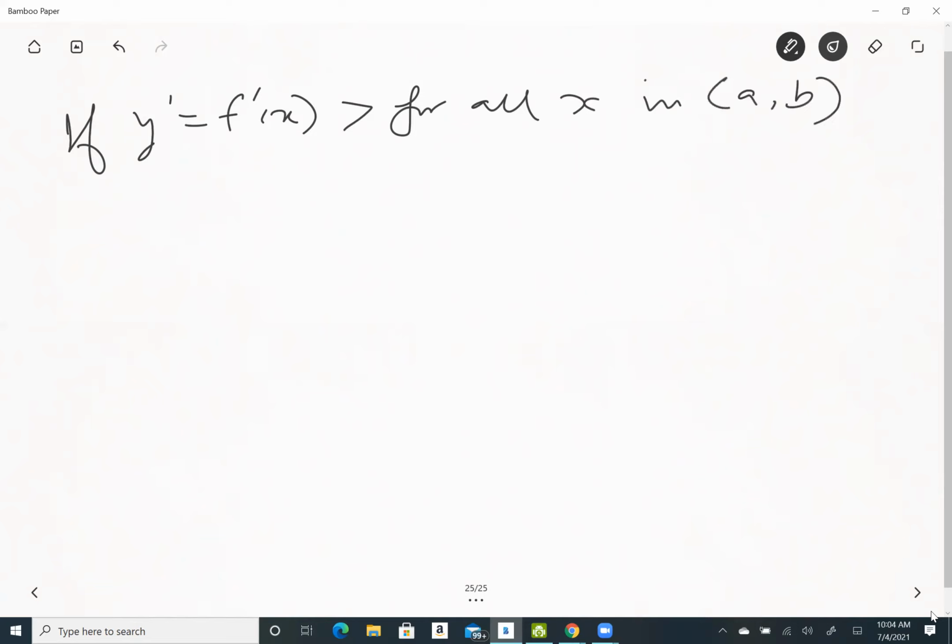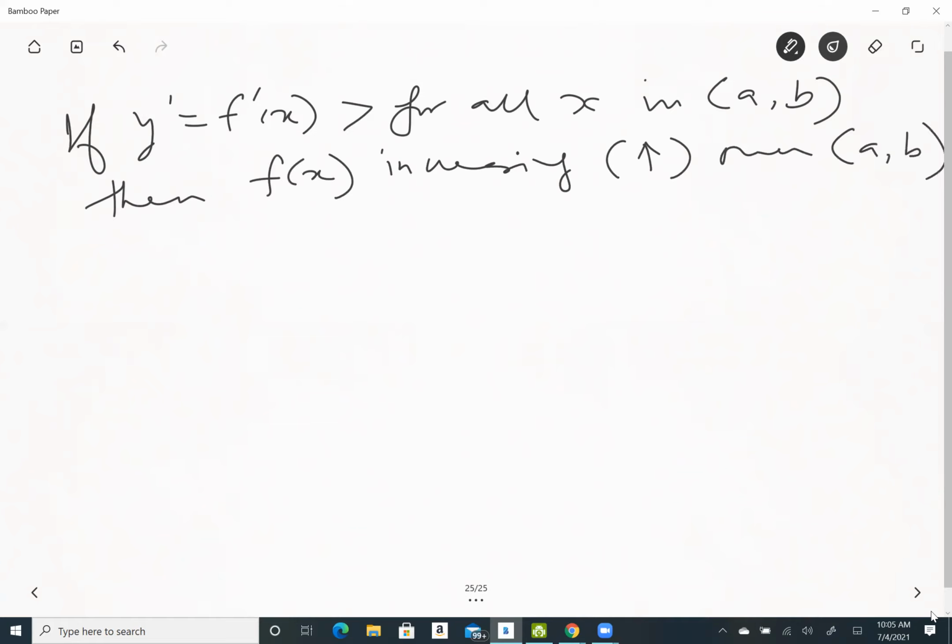sometimes we use y prime, sometimes we use f prime. So I write both. If y prime equal to f prime of x is positive for all values of x in the interval, say (a, b), then what? Then you have the function f of x will be increasing, short form arrow up, over the interval (a, b).